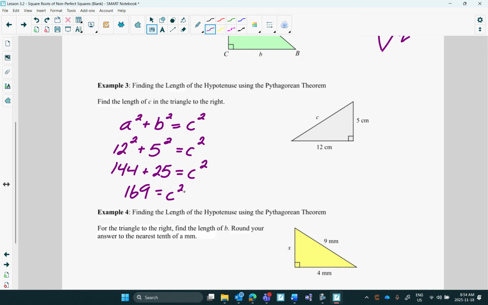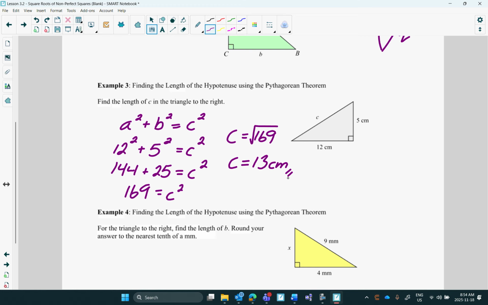How do I find C? Okay, I'll take that to mean square root. Correct. And we get 13, don't forget your units. Centimeters, exactly. So that one turned out to be a perfect square.